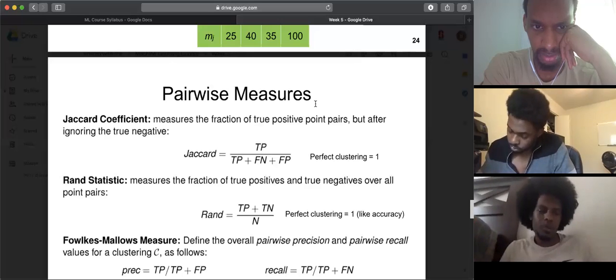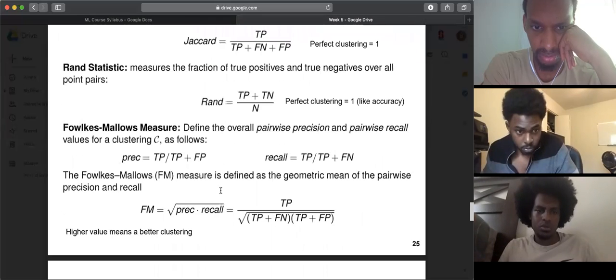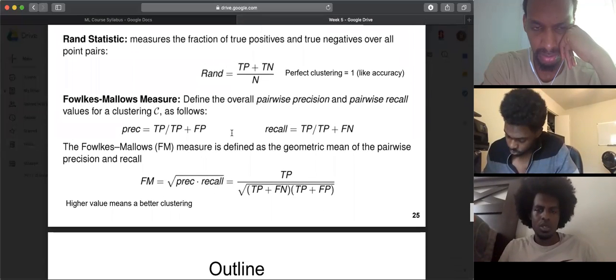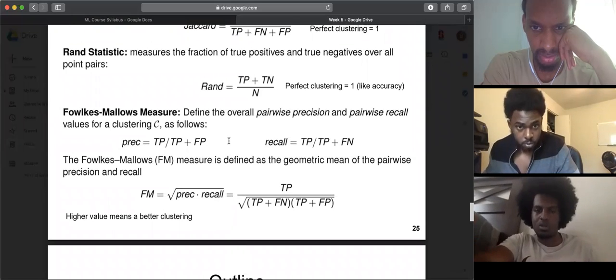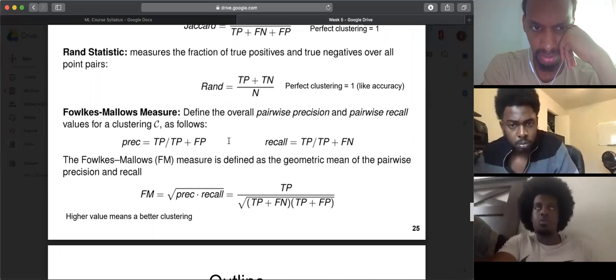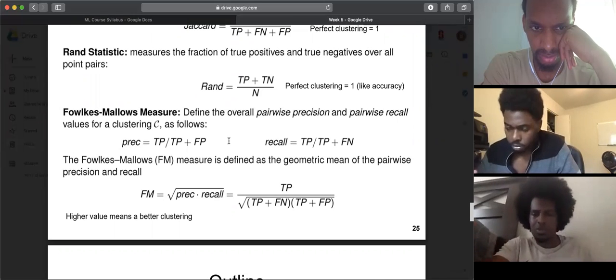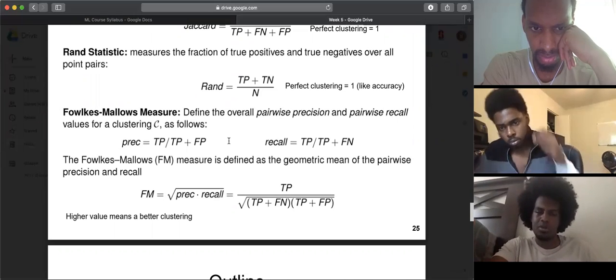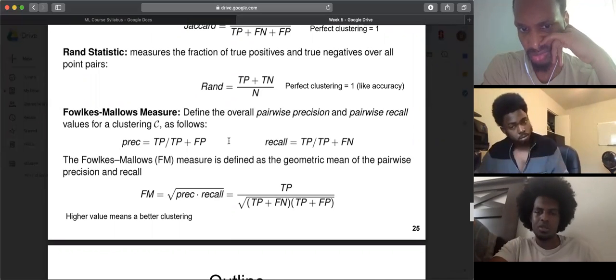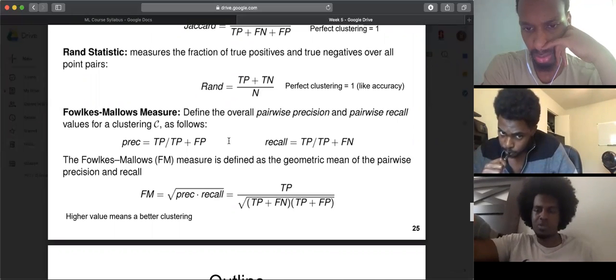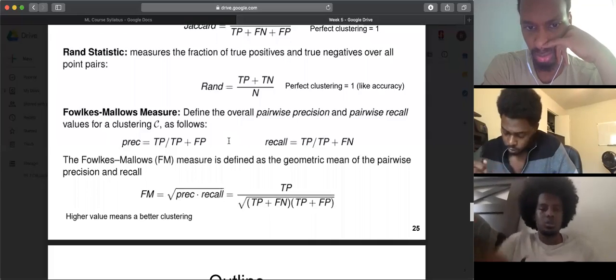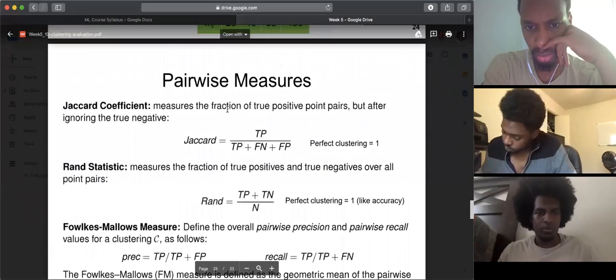That makes sense. And then the Fowlkes-Mallows measure. That is the overall pairwise precision and pairwise recall. So we calculate precision and we calculate recall and we apply the geometric mean to it. So this is very similar to the harmonic mean that we did earlier for the F-score measure, which was defined, I think, up here.